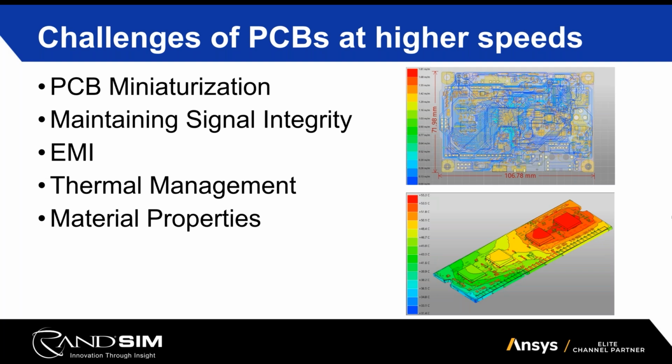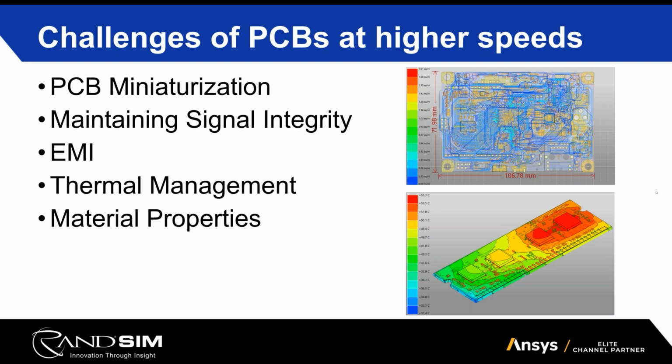One main concern that the industry is talking about is the dielectric constants. Currently, the standard for the dielectric constants in PCBs is about 3.5 to 5.5. But with these higher speeds and higher heats, the industry is talking about lowering it to about 3. So that's something that we really need to pay attention to when designing and simulating our PCBs.